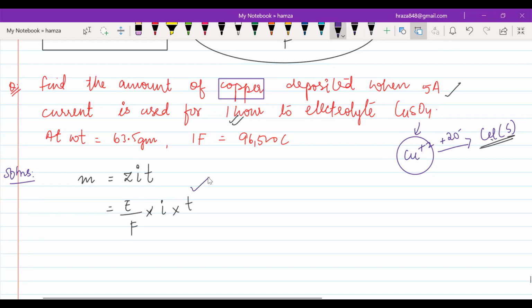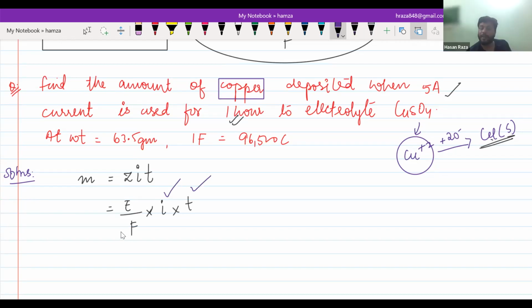Now see, T is given, I is given, F is also given, and this E has a formula molar mass upon X. What is the molar mass of this? We will not take CuSO4 since we are only talking about copper. The question has been only asked about copper. So we are going to take atomic mass of this, which is 63.5. And what will be the valency factor?